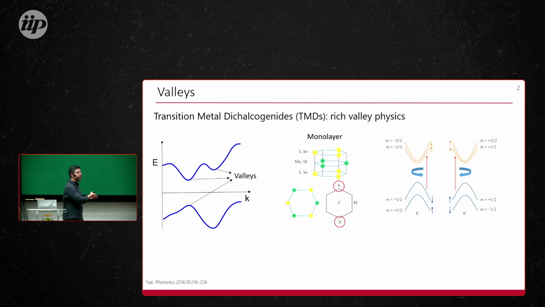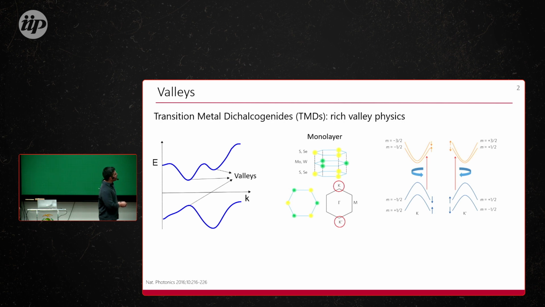So why is this material interesting? Since we have the transition metal over here, these are the d orbitals, right? The d orbitals have a very strong spin orbit coupling. So basically, it has this splitting in the valence and the conduction band, exactly these ones over here, occurring at the K and the K prime point.